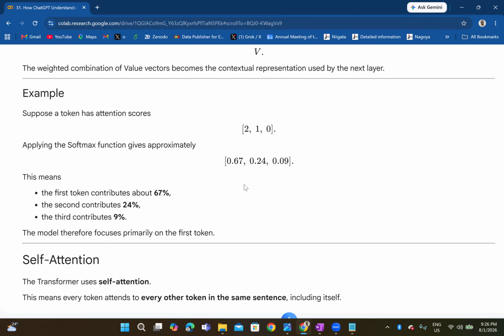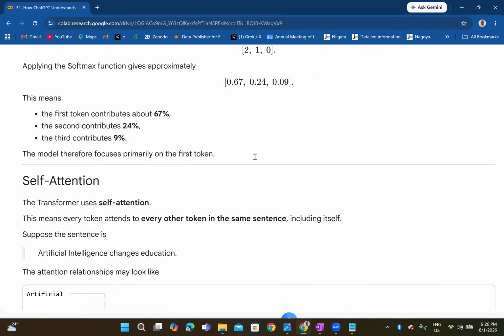This means the first token contributes about 67%, the second contributes 24%, while the third contributes only 9%. So the model focuses primarily on the first token because it carries more weight and requires more attention. That is where the idea of attention comes from.